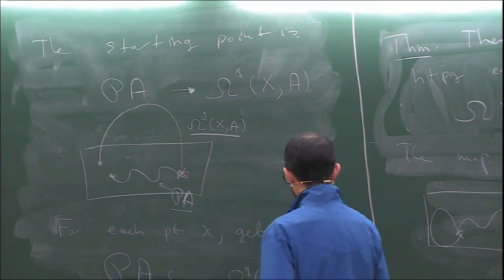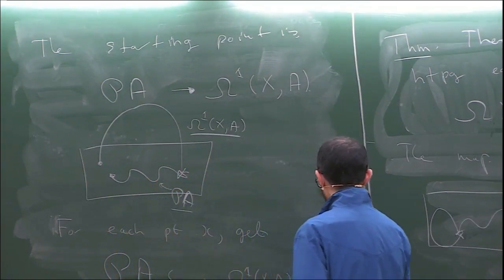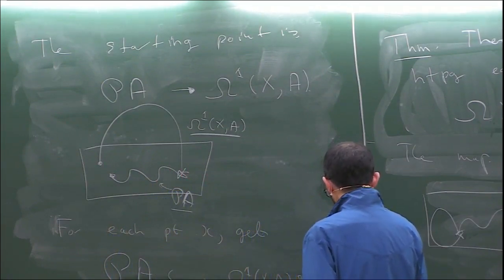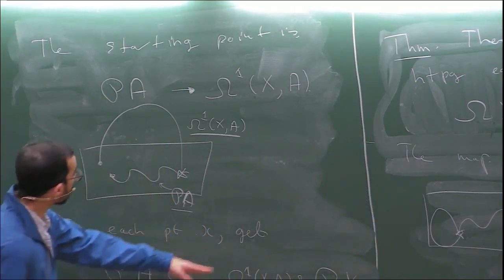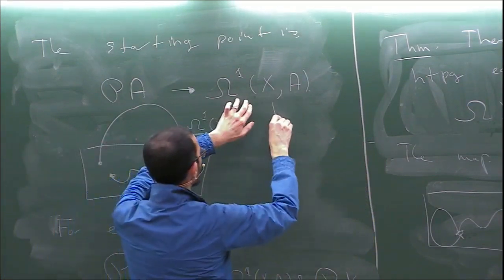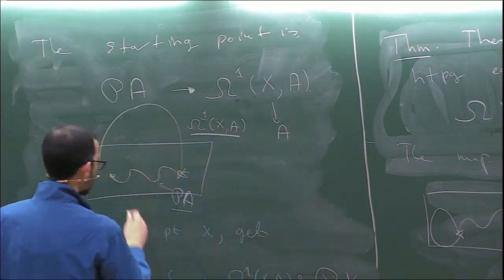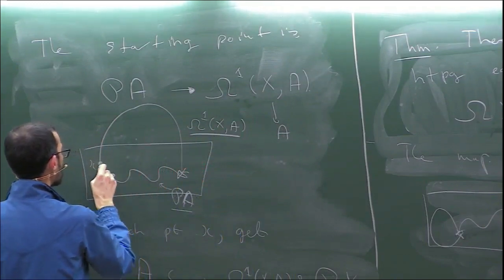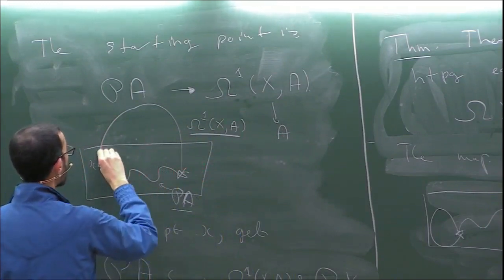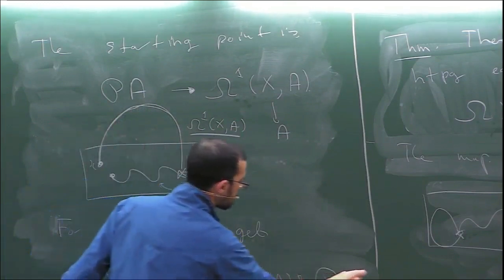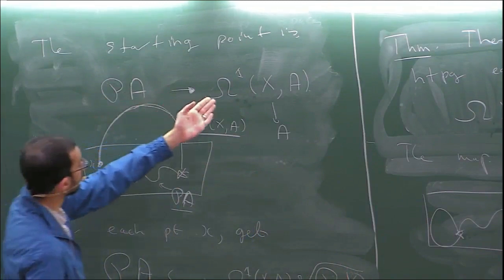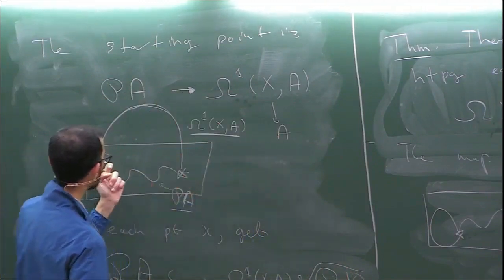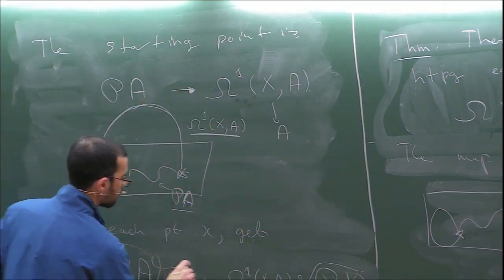But this is the same thing as paths along big X with endpoint on x. Oof, too many x's. So all I'm trying to say is that this has an evaluation to A. But if you take a fiber over some x here, the fiber over that x is exactly the same as the space of paths in the bigger space. So this inclusion, if I think about it one point at a time, is just this family of inclusions.